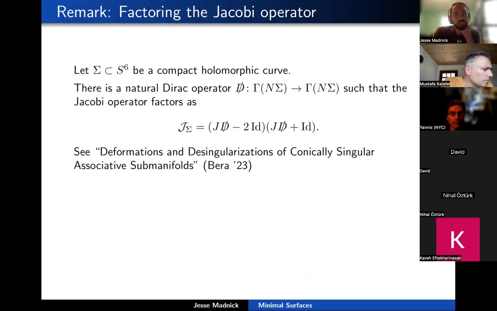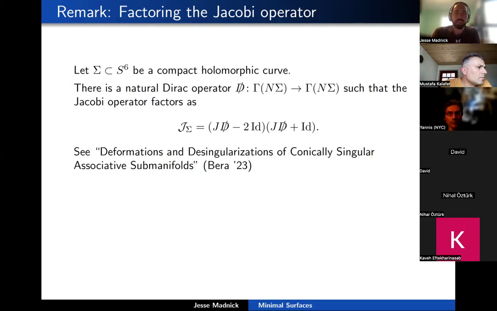Yeah, so I just want to return to this point that I briefly mentioned earlier. If I have a compact holomorphic curve in S6, then using the cross product on the ambient R7, one can write down this natural Dirac operator on the normal bundle. I won't explain what this is, but the result is that the Jacobi operator factors like this.